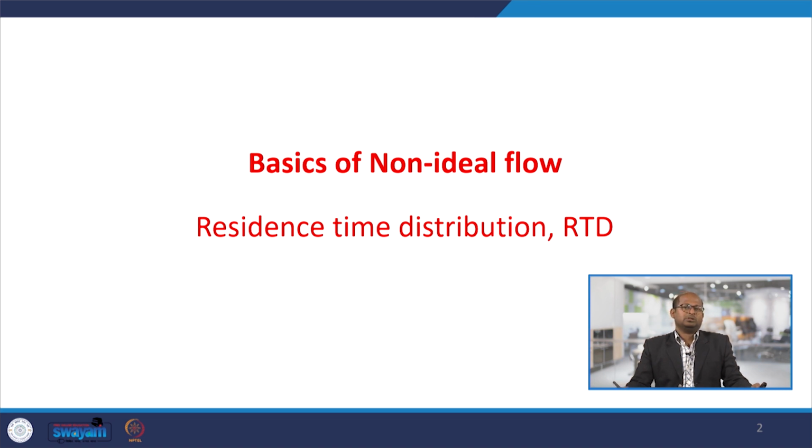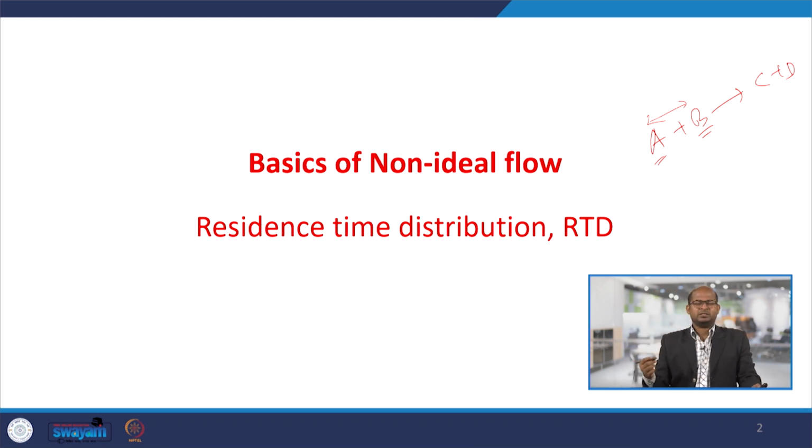If we know the volume of the reactor and the volumetric flow rate is fixed, then the residence time or space time, tau, is fixed for all components entering the reactor. But let us say the reaction is A plus B going to C plus D, so reactants A and B are there. Once these two reactants come in contact, only then will the reaction proceed. So mixing between the two is very important.